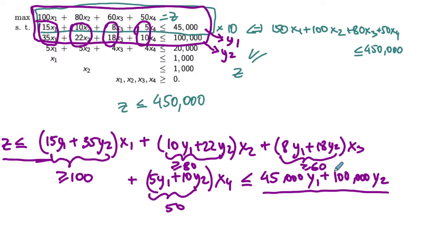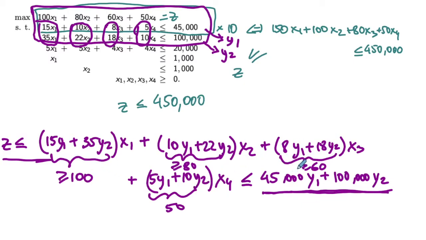Okay, and now if I want to get as tight of an upper bound on the z value as possible, I need to minimize this function of y1 and y2 here, subject to these four constraints right here.